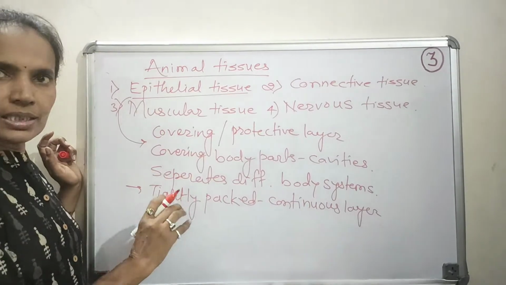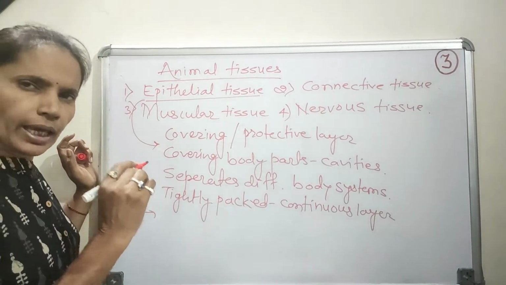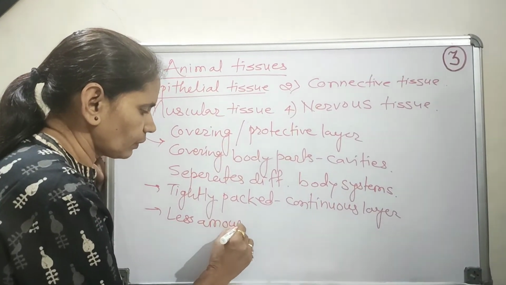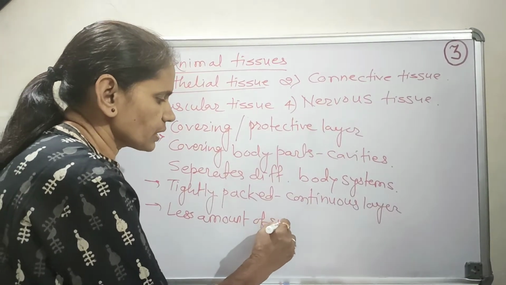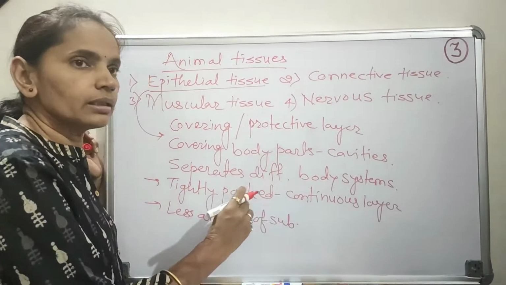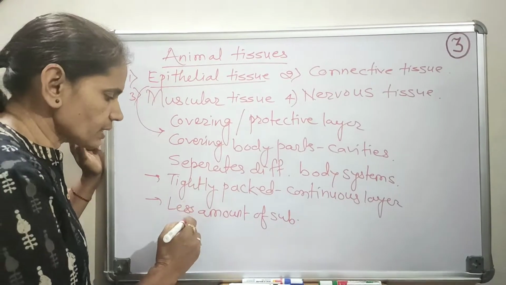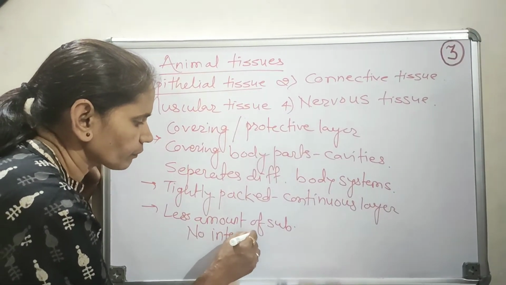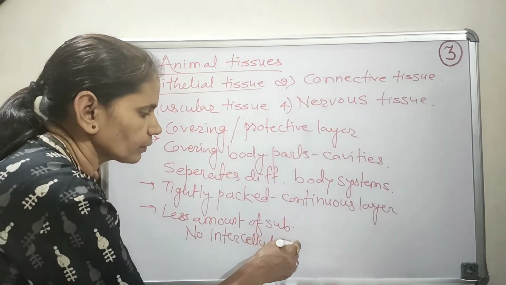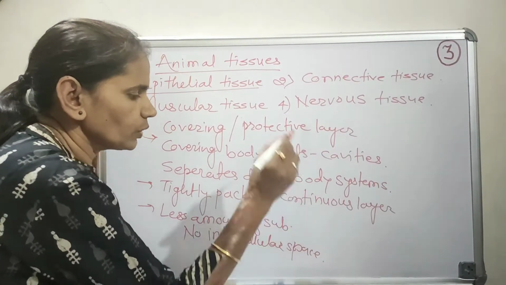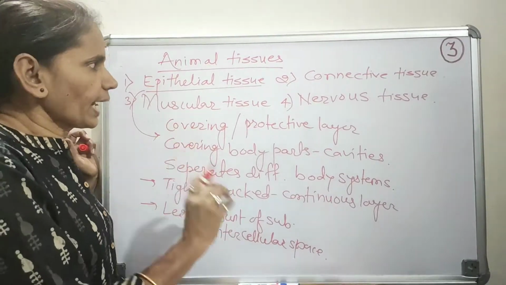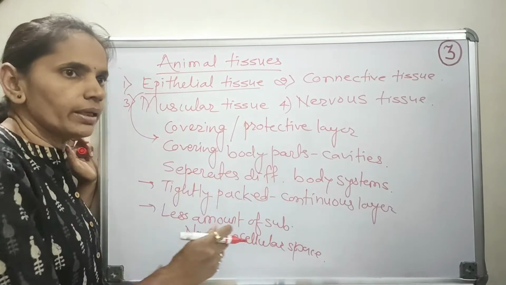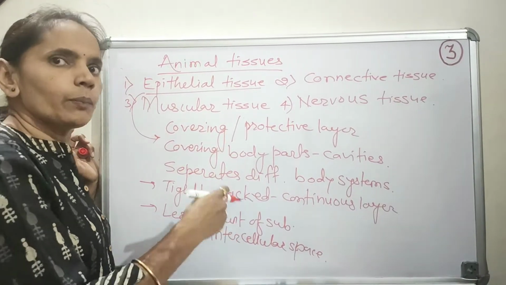While forming this layer, they have very little substance that connects the cells, and there is almost no intercellular space. So the characteristic feature of epithelial tissue is that it forms a covering and protective layer.